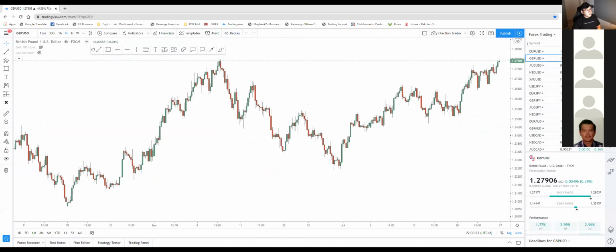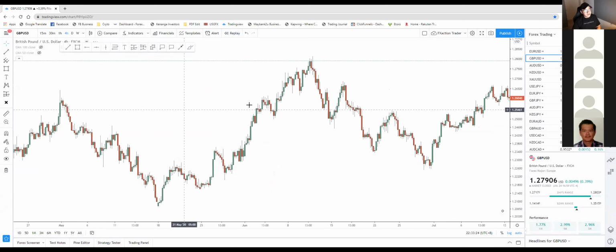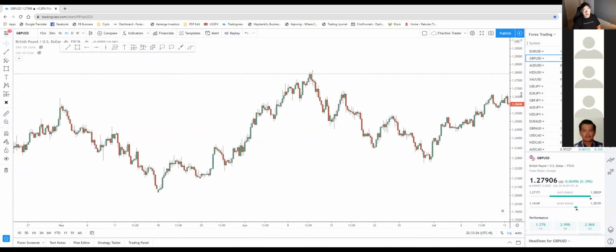Basically when we are doing our entry, or when we are looking at the market, I believe that most of you here are trading intraday. So when you're trading intraday, you can refer to the daily chart for confirmation. But for the recent market, I found that the support and resistance levels are not really working.